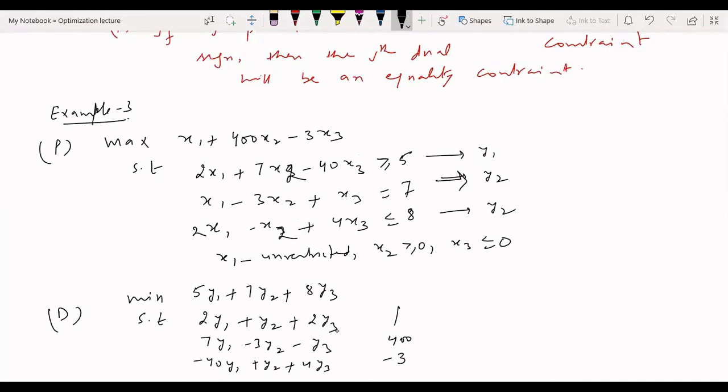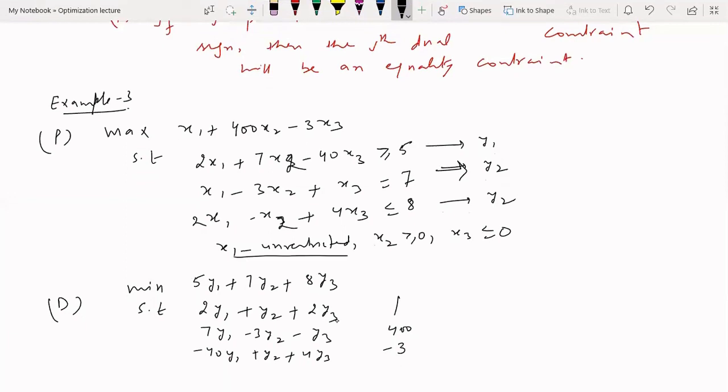So what is the sign of my first constraint? The sign of these constraints is determined from the sign of the variables. My first variable is unrestricted in sign, which simply means my first dual constraint will be equality. Then my second primal variable is in canonical form, because it is non-negative.